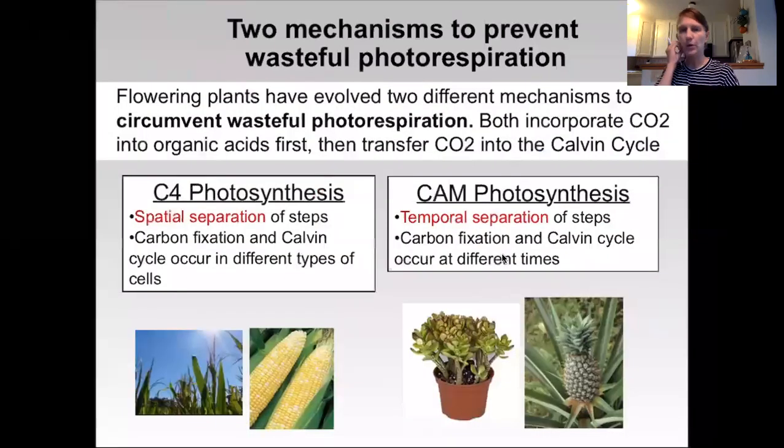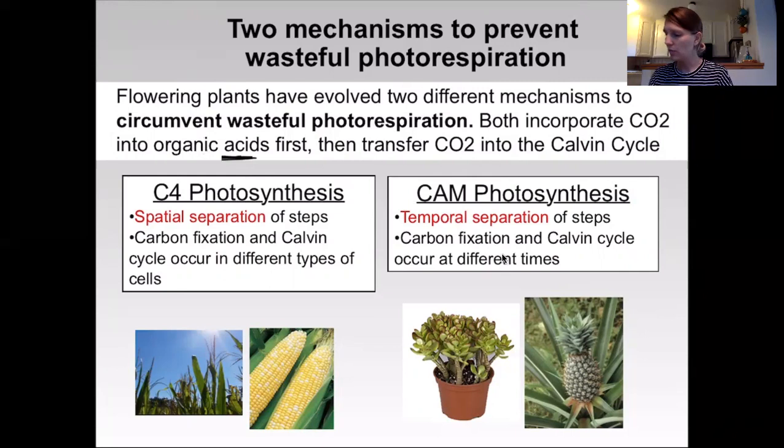All right, so plants have evolved two different mechanisms to try to prevent or circumvent this wasteful photorespiration, right? Both of these mechanisms utilize the ability to do carbon fixation into organic acids and then transfer that carbon dioxide into the Calvin cycle separately, right?